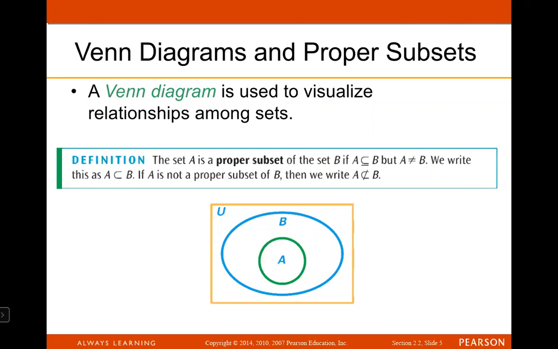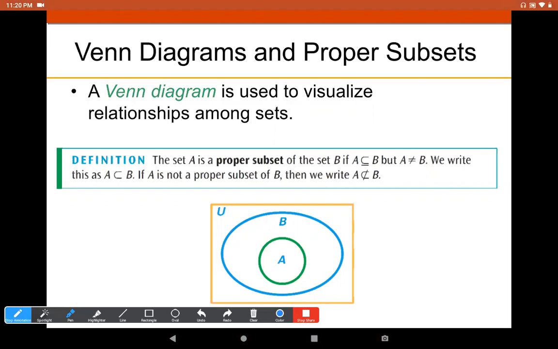And this image of a square labeled U with an oval labeled B and a circle labeled A, all nested inside of each other, is representing the concept of a proper subset, where A is completely inside of B and B is completely inside of U. So what we write and what we know is that A is a subset of U. B is also a subset of U, the universal set.